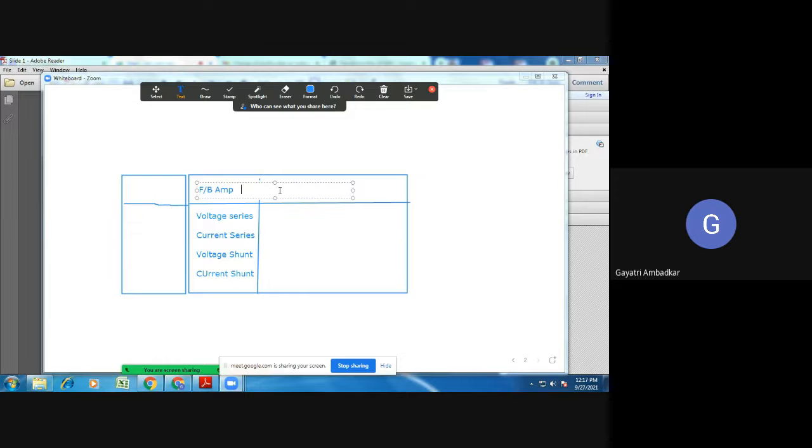Then I will write about input resistance, RIF, which means input resistance after applying feedback. So what is the effect? And then I will write output resistance, ROF, output resistance after applying feedback. I want to make a comment on this, and I am writing this in comparison with the resistance without feedback.